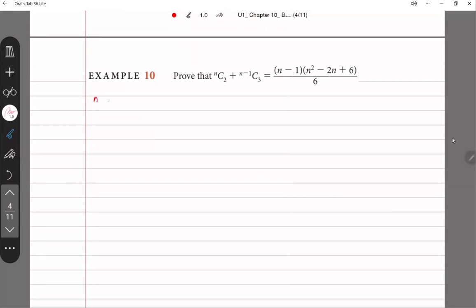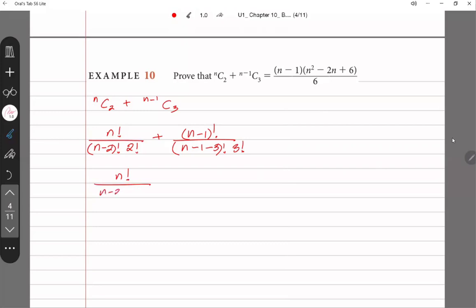We have nC2 plus (n minus 1)C3: n factorial over (n minus 2) factorial 2 factorial plus (n minus 1) factorial over (n minus 1 minus 3) factorial 3 factorial, which is (n minus 4) factorial 3 factorial.